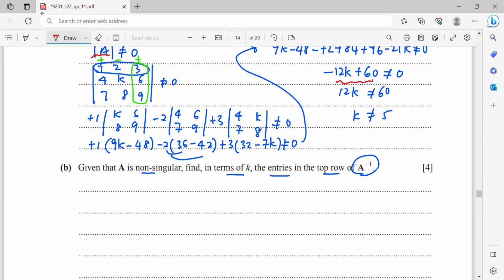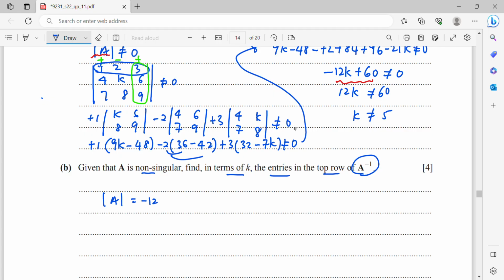So now I will write the determinant of A equals negative 12k plus 60. We are interested in getting the entries in the top row of A inverse.